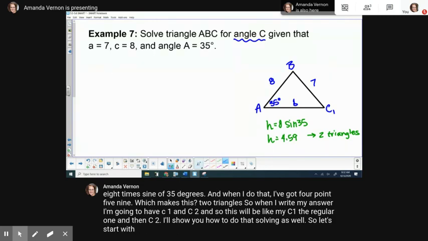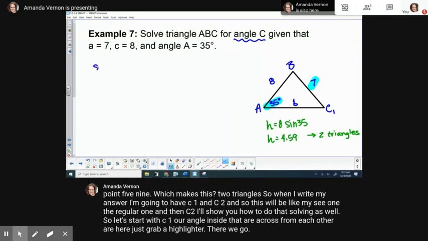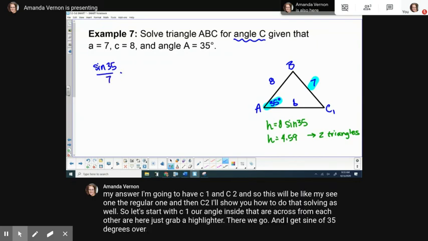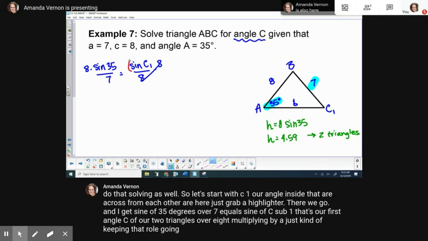Our angle and side that are across from each other are here. Oops, let's just grab the big highlighter. There we go. And I get sine of 35 degrees over 7 equals sine of C sub 1, that's our first angle C of our two triangles, over 8. Multiplying by 8, just kind of keeping that roll going. And then doing sine inverse.